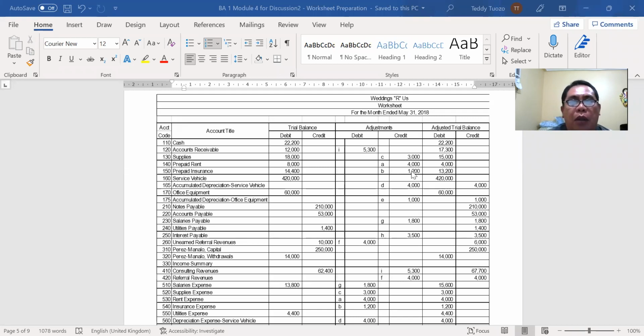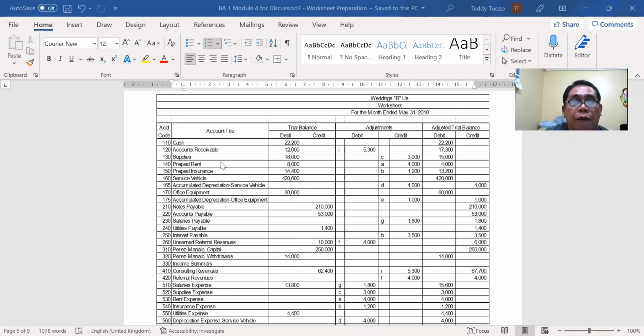For accounts receivable, we have a debit in the unadjusted trial balance of 12,000, and we also have a debit under adjustment. So, kay debit man ang entry, so ato i-add. That's why under the adjusted trial balance, the balance for the accounts receivable is 17,300.